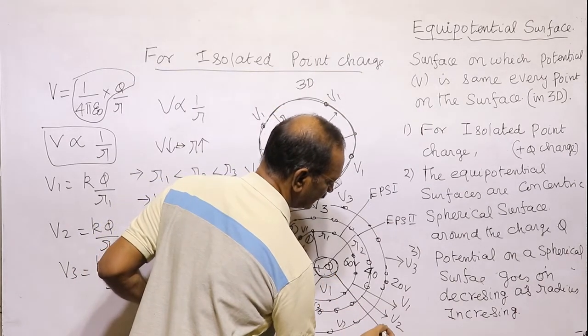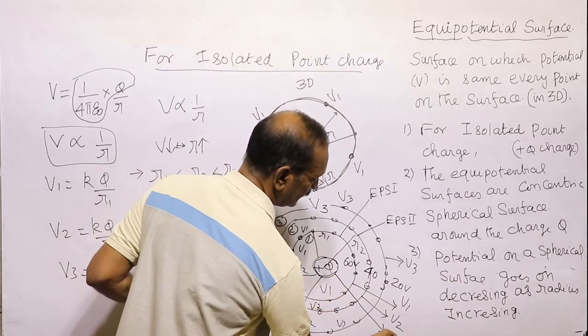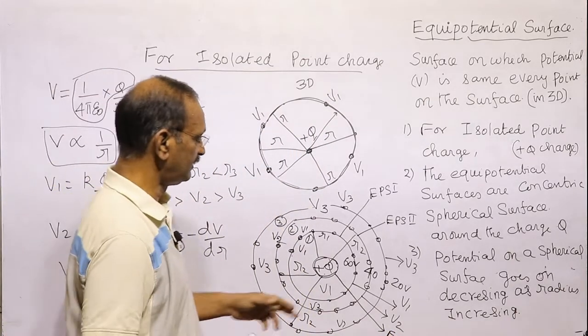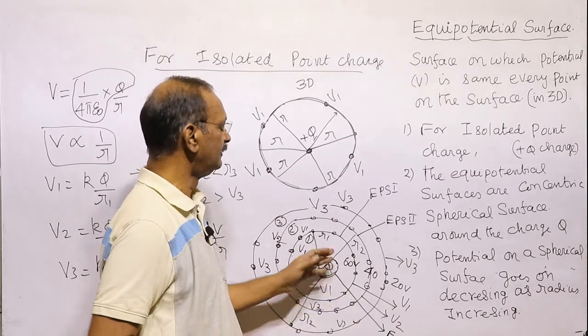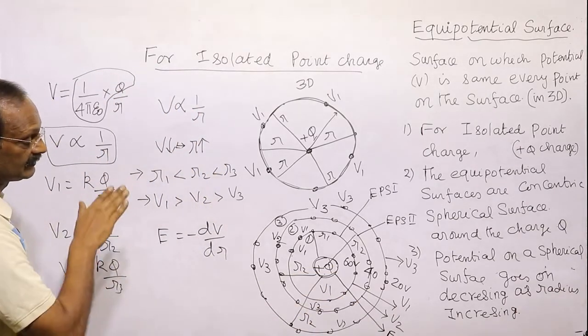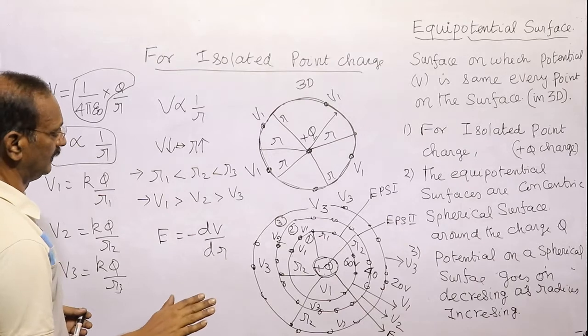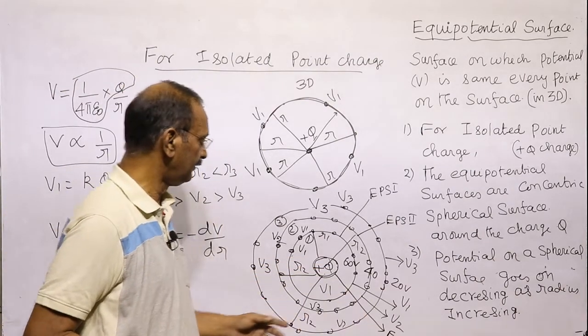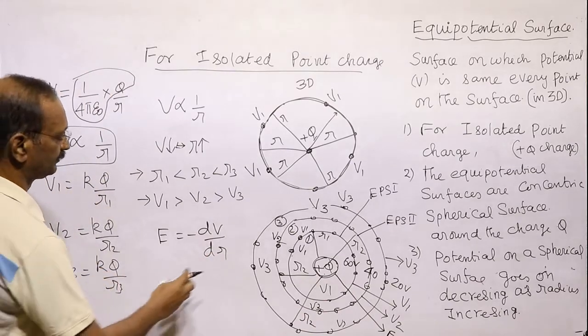It will be in this direction. But the potential keeps on decreasing. So potential decreases along the direction of electric field with respect to the distance.